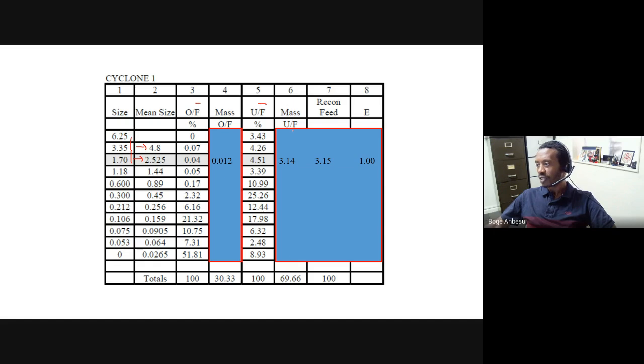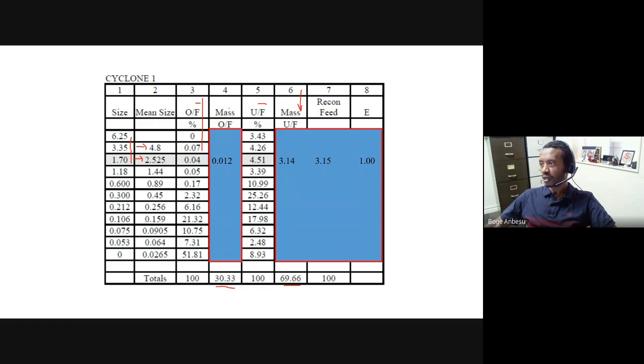And we've been given the split here: 69.7 to the underflow. The remaining out of 100 goes to the overflow at 30.3. So multiply this by 30.3 to get this, and multiply column 5 by 69.7, and we should get this one.